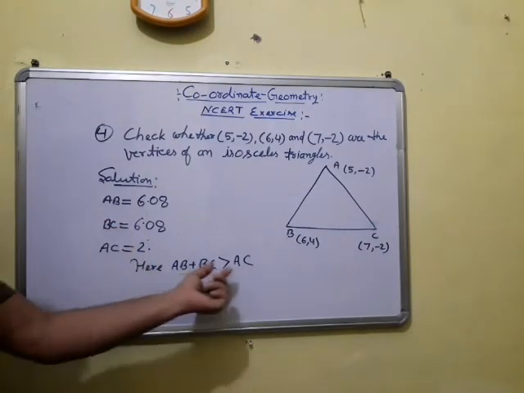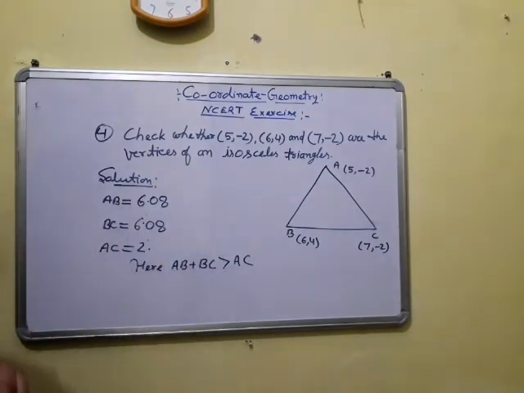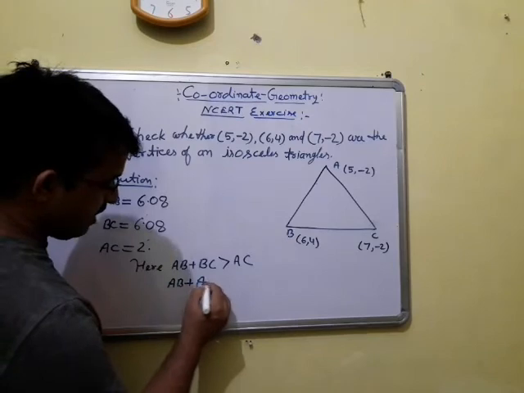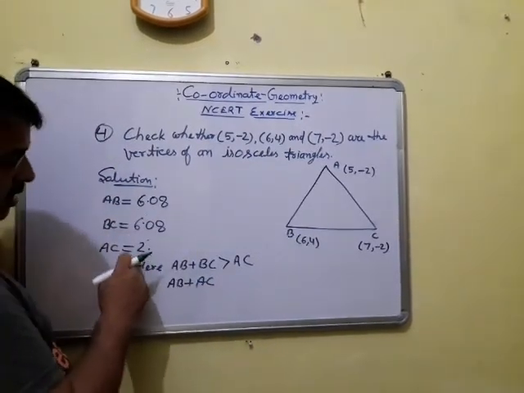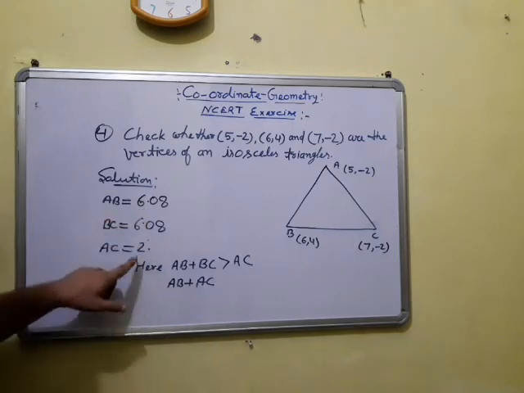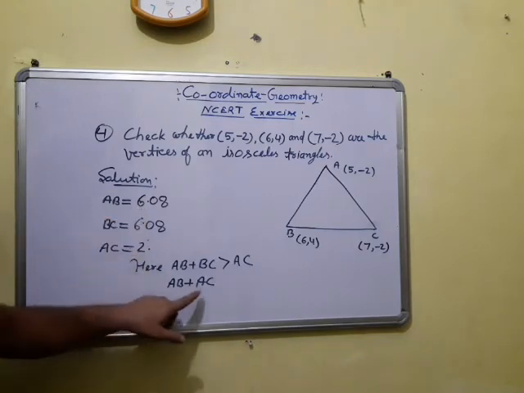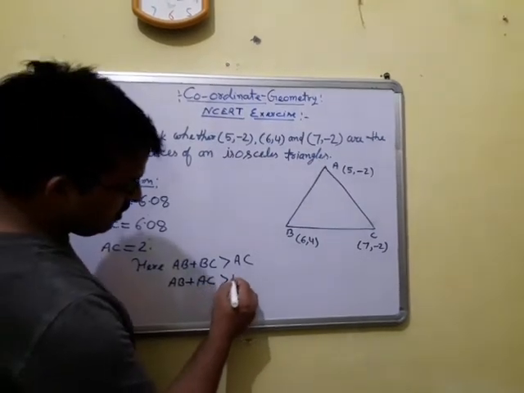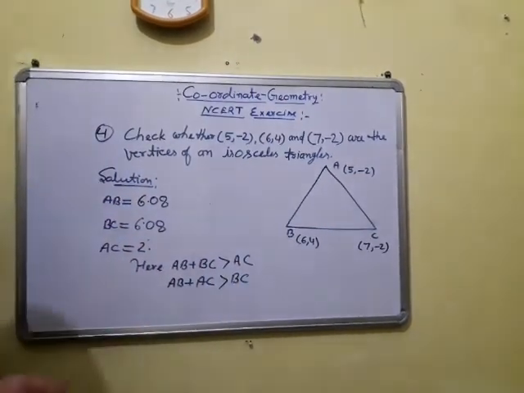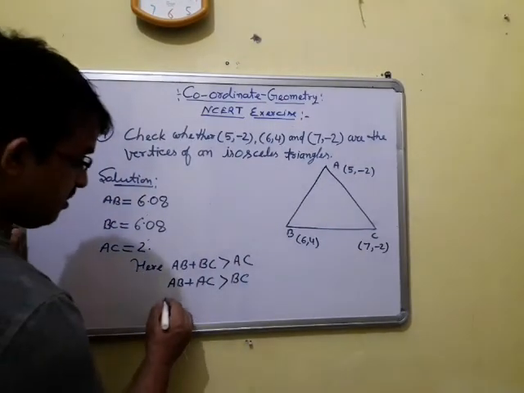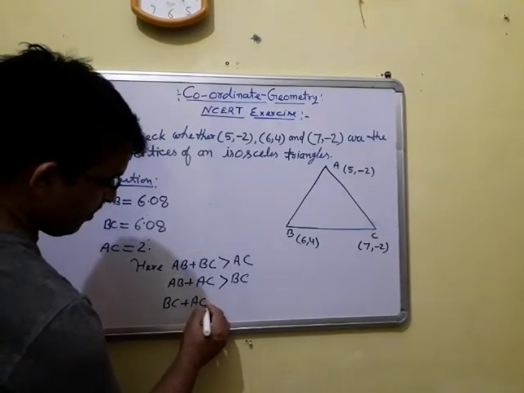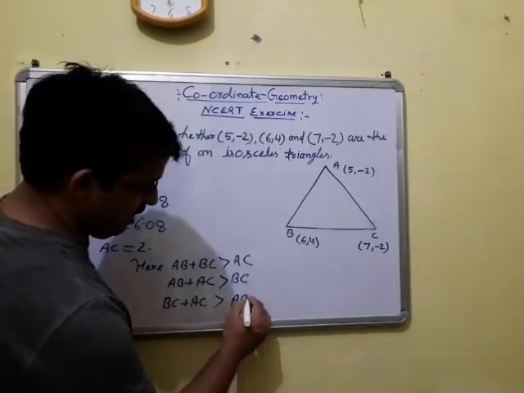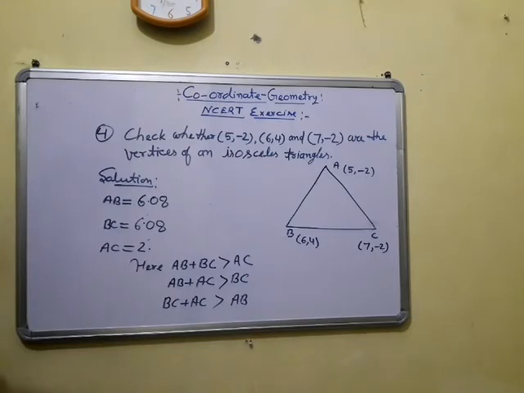Second, AB plus AC, 6 plus 2, that is 8, is greater than BC. Clear? Now the third point we also discuss: BC plus AC is also greater than AB.